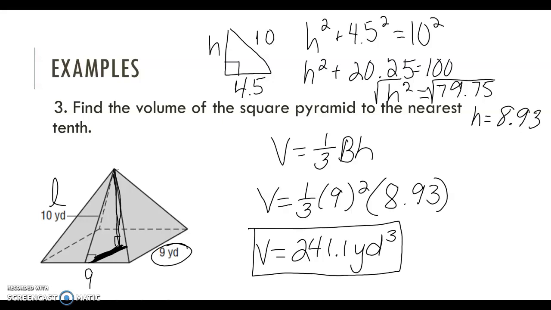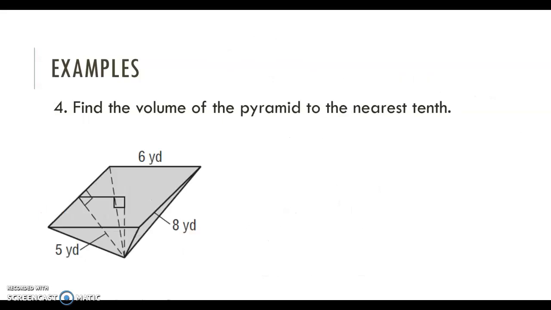Okay. One last example with volume. So another pyramid, this pyramid's just flipped upside down, which is okay. Let's take a look at what we know about this pyramid first. First of all, this is not a square pyramid. Notice that one side of my pyramid is 6 yards and my other side is 8 yards.